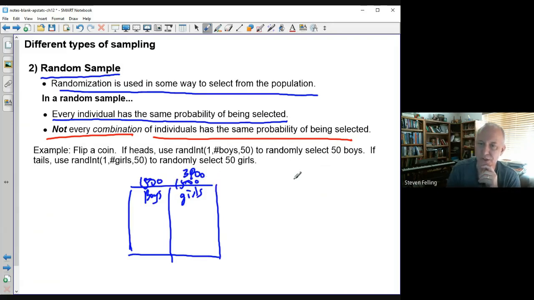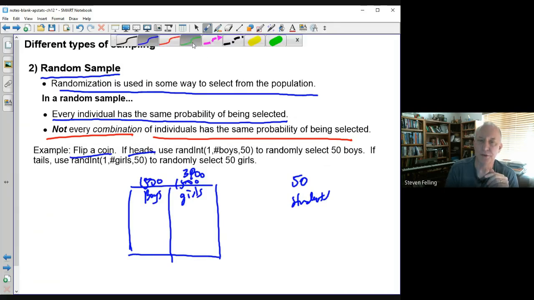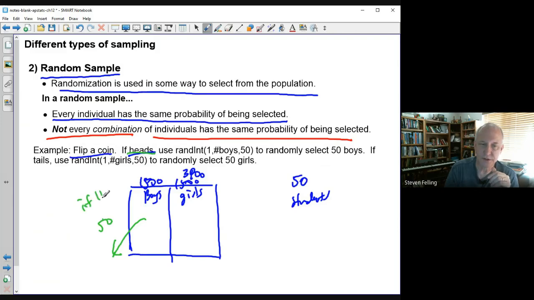Okay, and you want to select 50 students. One way to do that would be to first flip a coin. If it's heads, then we're going to select 50 boys from the boys randomly, by numbering all the boys and then using a random number generator to select 50 of the numbers and select the boys, right?